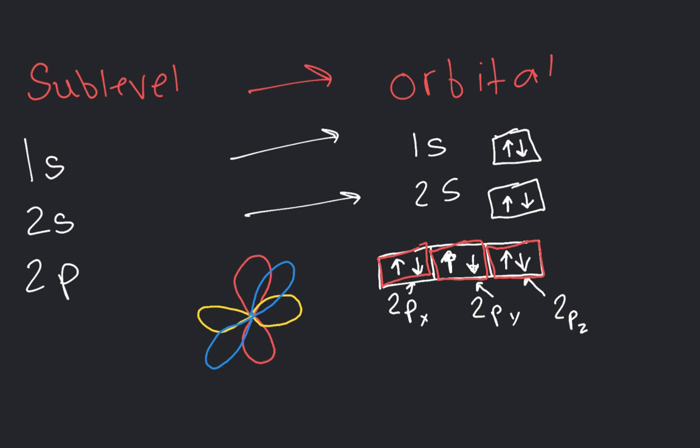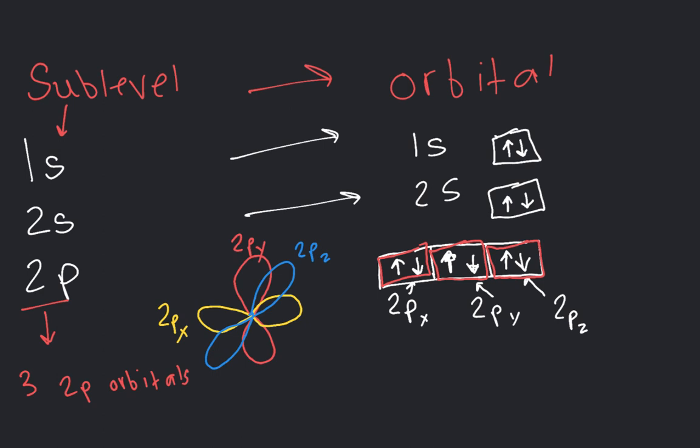So you got the 2pz, 2px, and then the 2py. So the vocabulary gets a little confusing because we have these sublevels, but then inside the 2p sublevel, there's 3 2p orbitals where electrons can hang out.